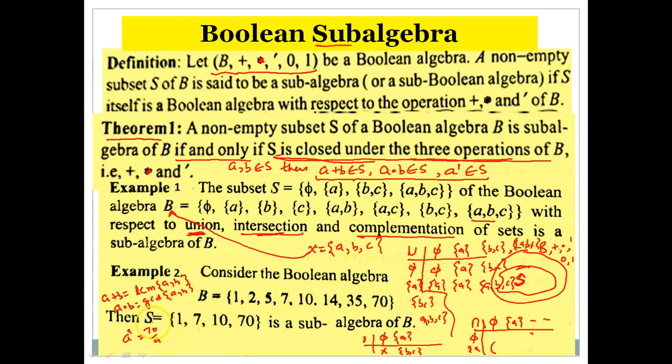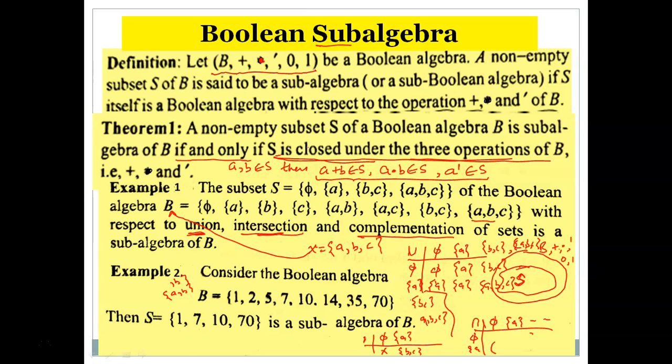And in this, if we take this set of four elements, then it forms a subalgebra. By the same procedure as done in example 1, you can check this example 2, that here S also forms a Boolean subalgebra.